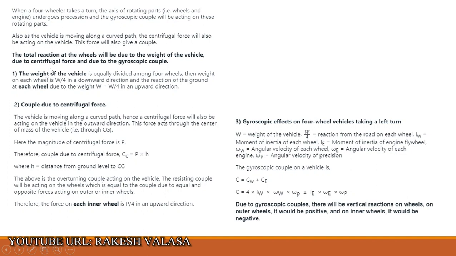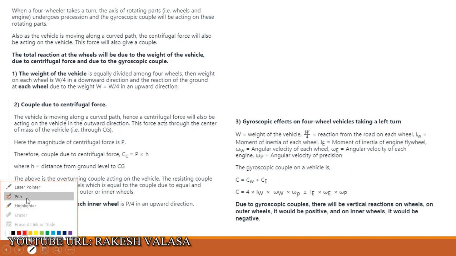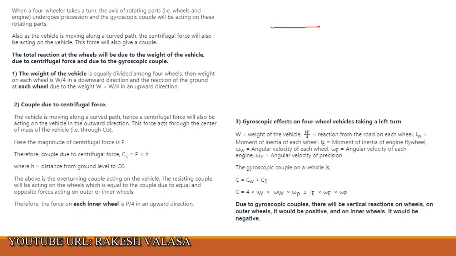The weight of the vehicle is equally divided among four wheels. Then the weight on each wheel is W by 4. Each wheel has the load; the total load is equally divided among the four wheels.